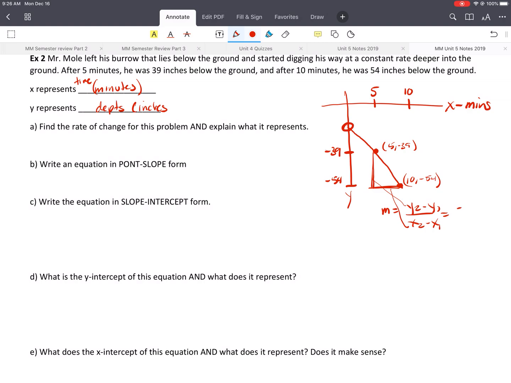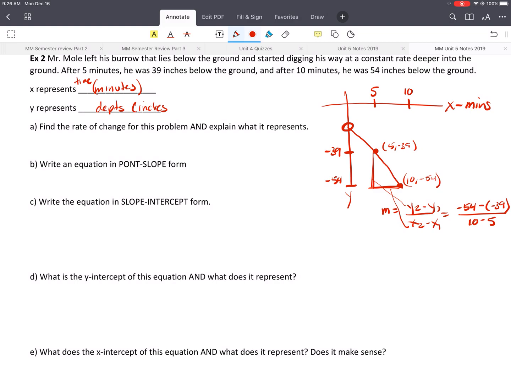So y2, negative 54, minus a negative 39, all over 10 minus 5. All right, and then probably do that on your calculator.